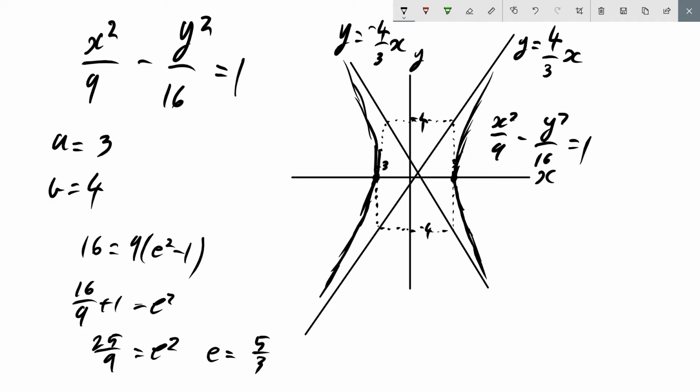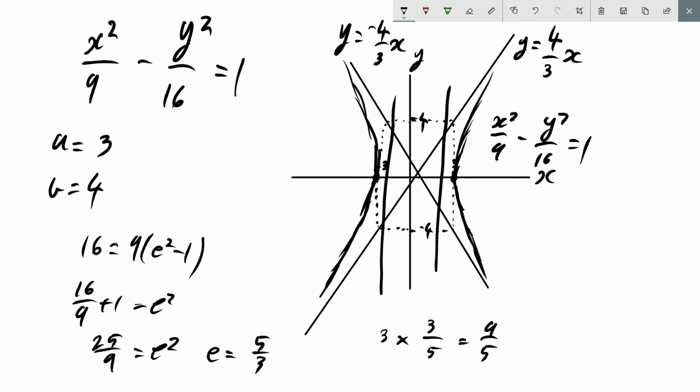So our directrices is a over e. Our a value is 3, and then we're going to times the reciprocal, which is 3/5 of our eccentricity, and then we'll get 9/5. So we can put wherever 9/5 is, so that's really close to 2 but not quite. It'll be around about here and here, let's just say.